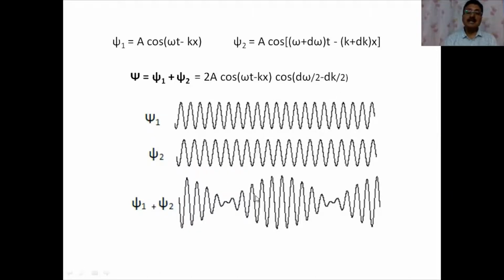Inside, the frequency is the same as omega. So the frequency of this envelope is d omega by 2, and propagation constant dk by 2. This kind of wave group, this is the envelope of this one. This envelope will represent a wave associated with a moving particle, so that the particle is located somewhere in between from this end to this end.